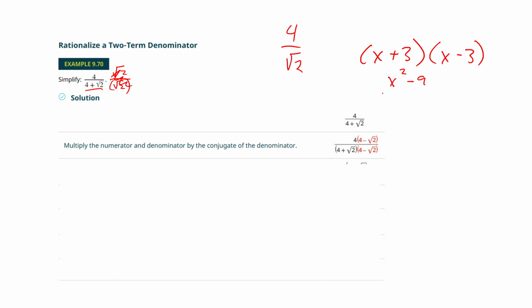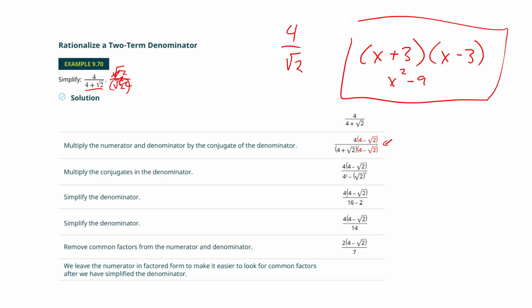So we're going to multiply by the identical thing on the denominator, except we're going to give it the opposite sign. So I'm going to multiply by 4 minus the square root of 2. Now you can't just do it to the bottom, so you have to do it to the top as well. The reason we have selected this is because it follows this pattern right here, and it's going to allow me to just square the first one, square the back one, and put a minus between them.